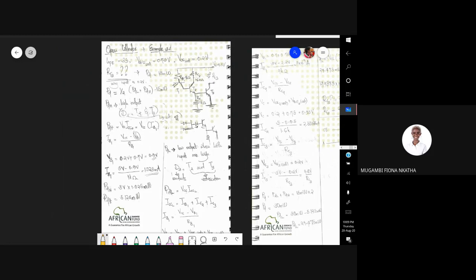So power dissipation is VCC times ICCH, and our ICCH will now be equal to IB1.